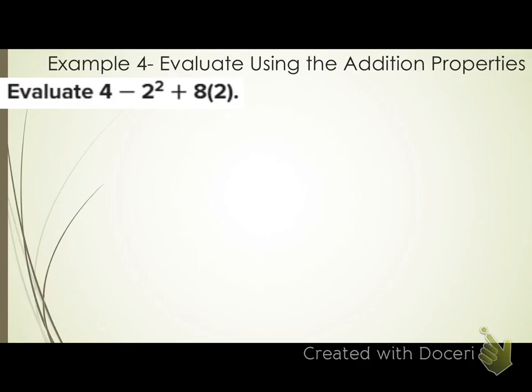The exponent, right? There are no operations going on inside parentheses. So let's go ahead and do our exponent. What's 2 to the second power? 4. Everything else just comes down and stays the same for now.